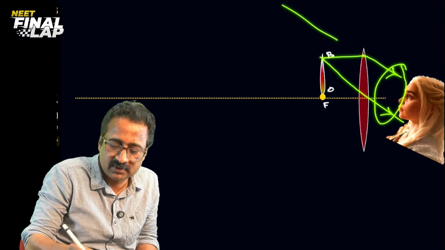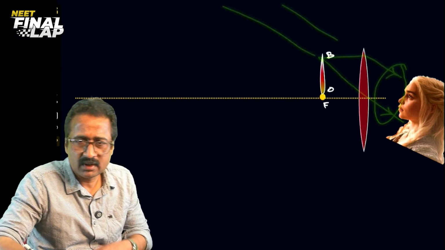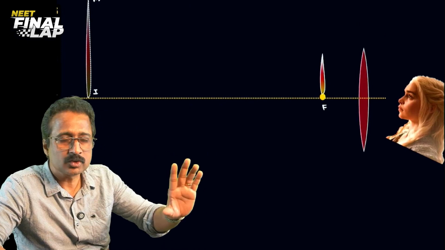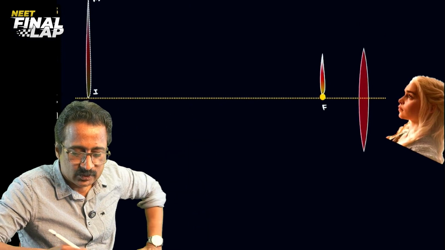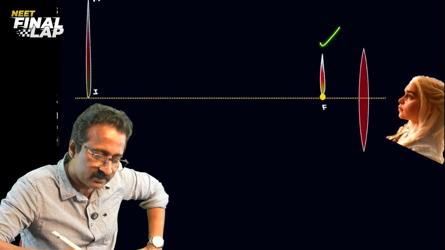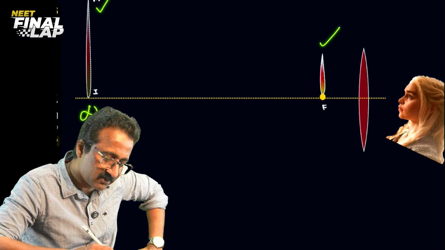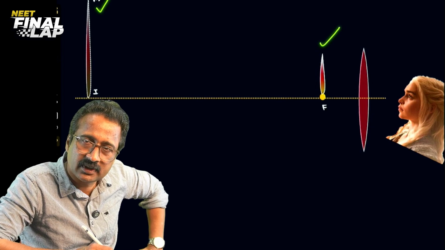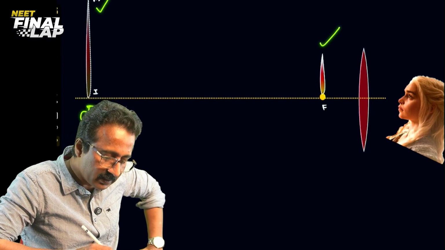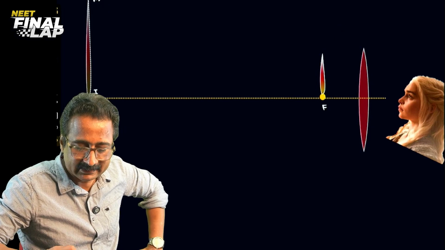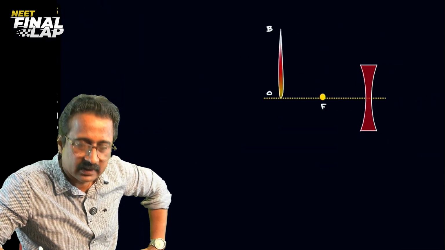So for the observer, the image appears to be sitting at a very large distance, which means it looks like it is sitting at infinity. So when the object is at focus, remember, the image will be at a very large distance, at infinity. It will be certainly virtual. It will be enlarged, it will be erect, but it is formed at infinity. Please remember that. Okay, let me come to the concave lens now.